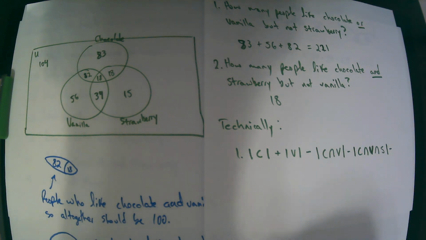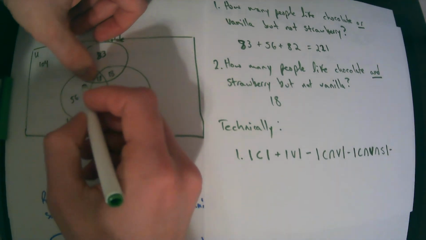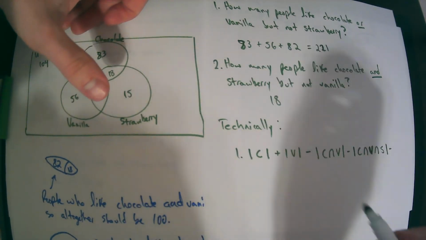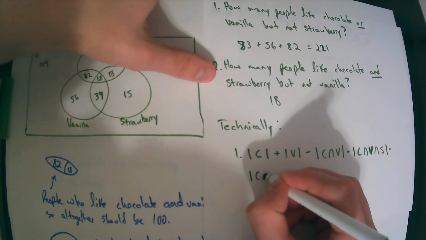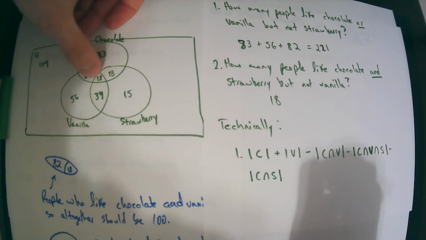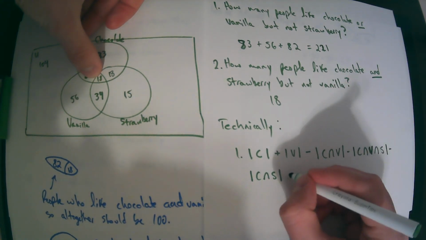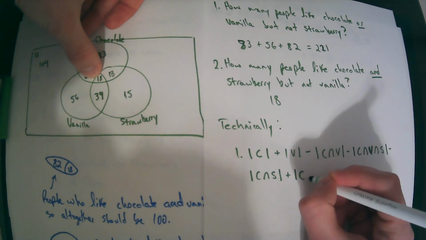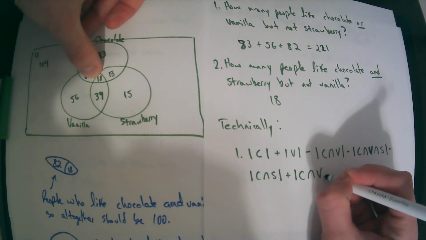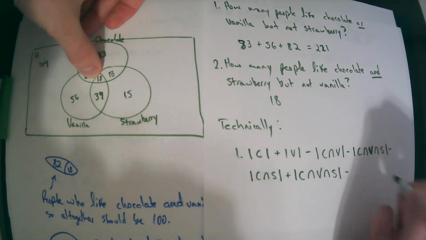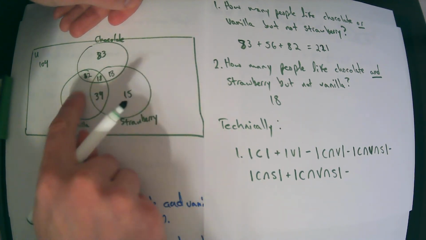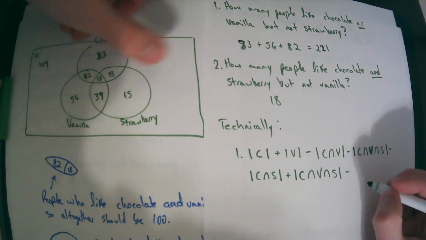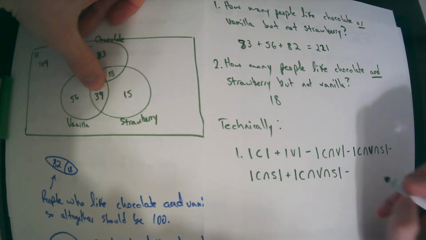Well, one way to do it is to just take out the intersection of chocolate and strawberry. So we would say minus the intersection of chocolate and strawberry. But that's removing another one of these innermost intersections, so we could add one back in, and see, this is just going to get ridiculous. Because then finally the last thing would be to remove the intersection of vanilla and strawberry.